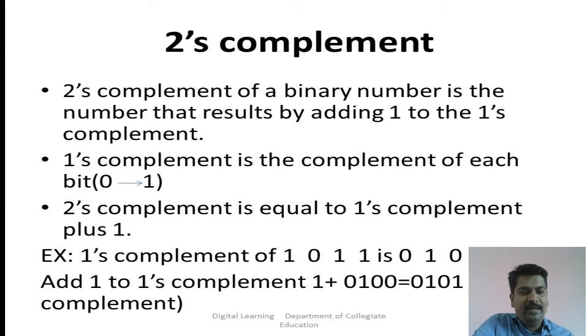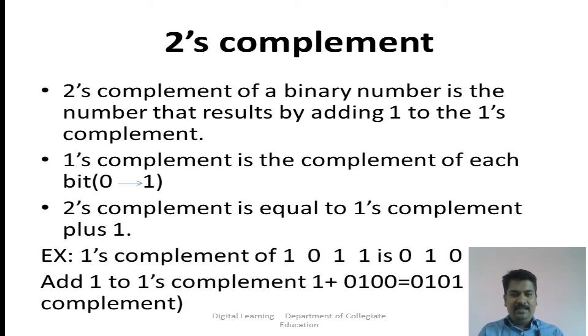Suppose 5 bits are given. Each bit you complement, you will get the 1's complement. And add 1 to the 1's complement, you will get the 2's complement. 2's complement is equal to 1's complement plus 1.